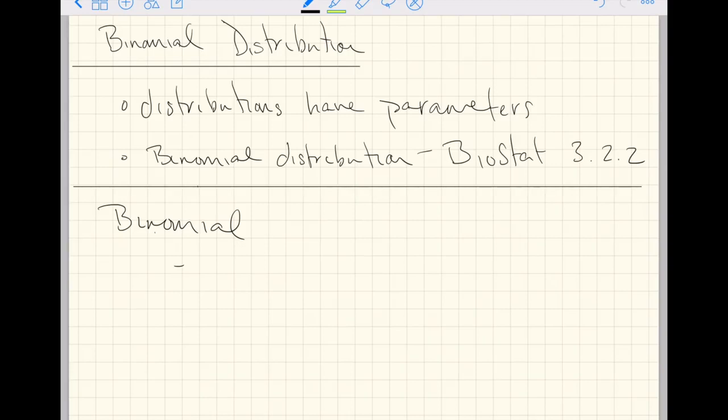So the binomial distribution is the sum of k Bernoullis. Well, what does the sum of k Bernoullis mean? I'm going to try to keep these examples away from coins so as not to confuse these two.